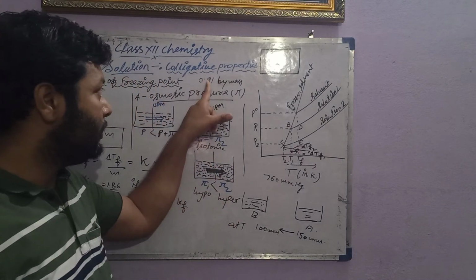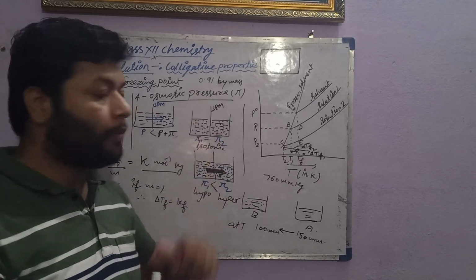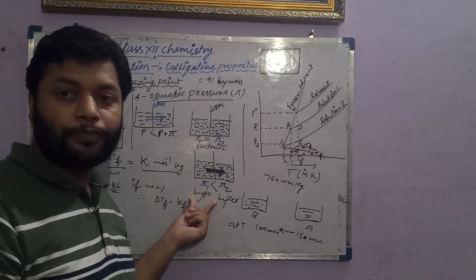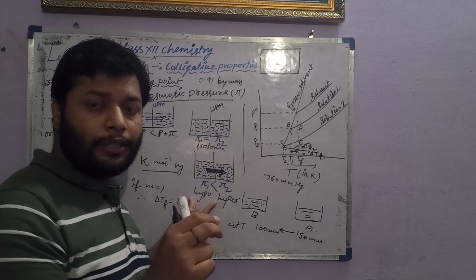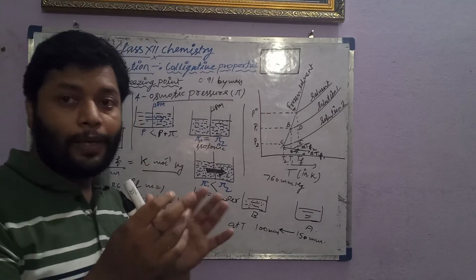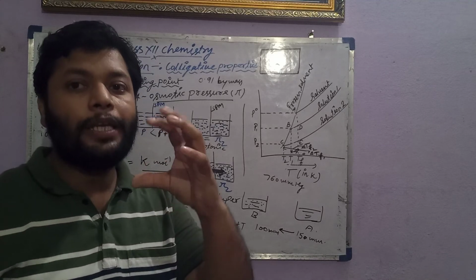And when the concentration is lower than 0.91 by mass, there will be a hypotonic condition, and in that condition the blood cell will be at a higher concentration, so it will gain some water from the outside, and the blood cell will swell up.